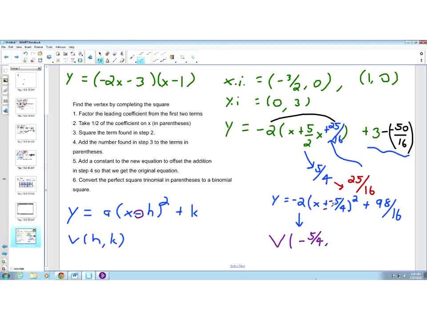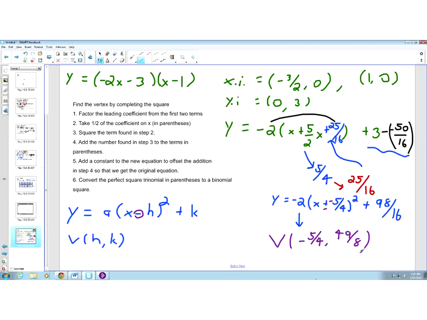We have to convert this addition to a subtraction, and when we convert the addition to a subtraction, we have to negate this number. All right, so the abscissa of the vertex is negative 5/4, and the ordinate, I'll go ahead and reduce this, would be 49/8. All right, so this is how we computed the local or absolute maximum of this parabola.